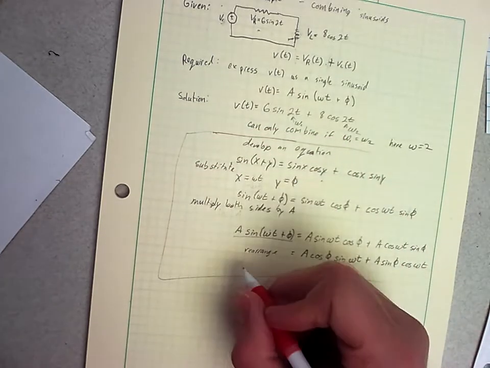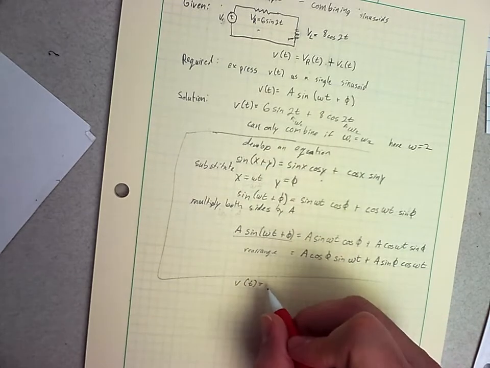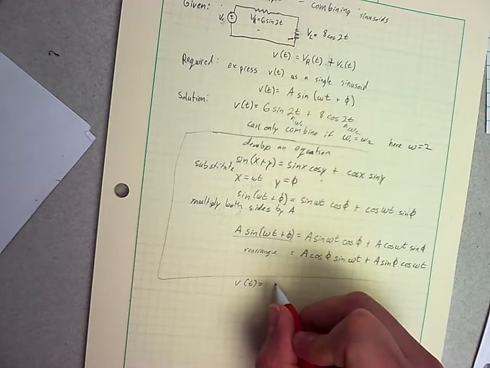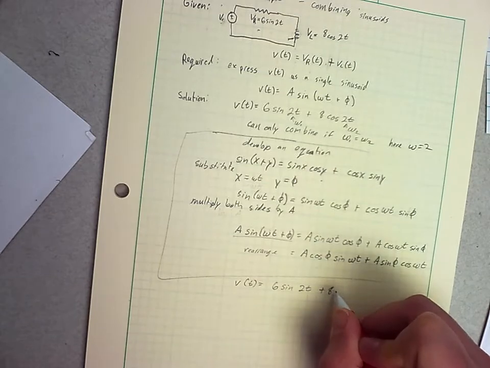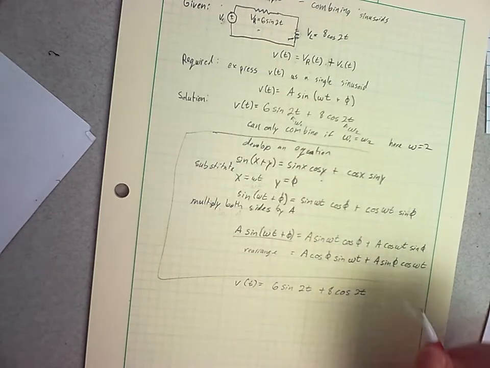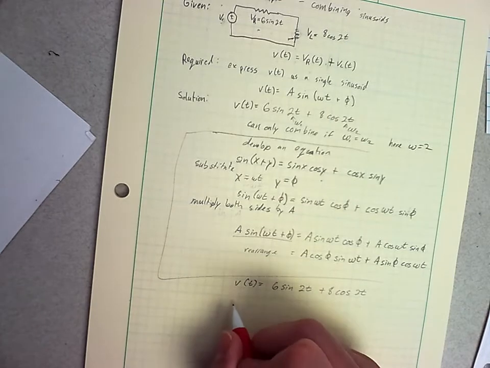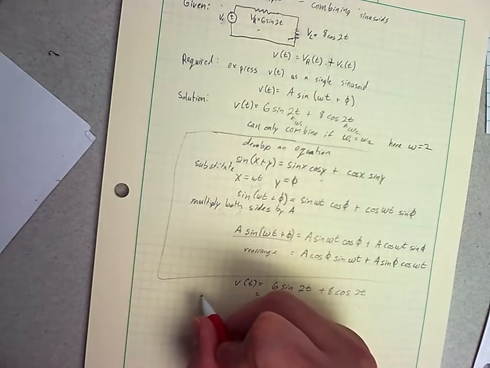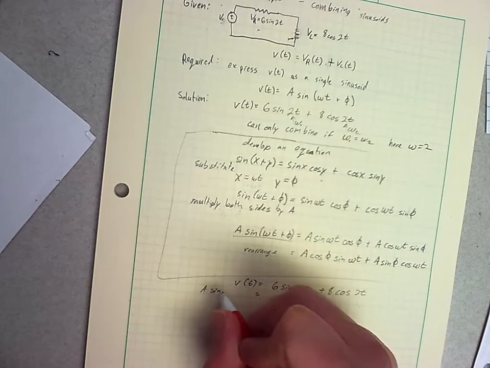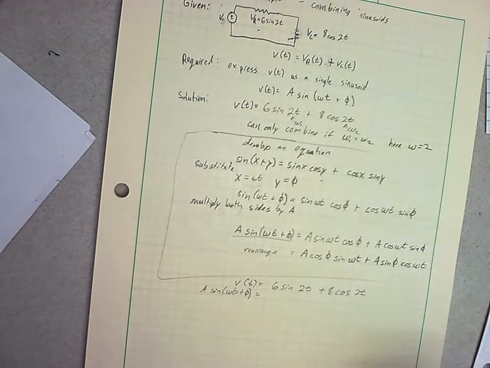Once I've done that, let's think about this back in terms of v of t. V of t is equal to 6 times sine of 2t plus 8 times cos of 2t. And I want that to look like a times the sine of omega t plus phi. Well, what things do I know?